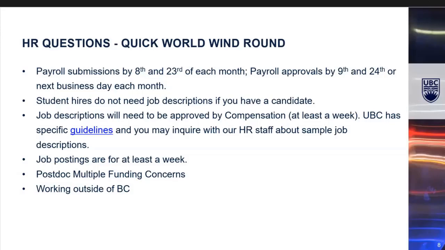Another way is doing a contract, but even that can be questionable if we get audited by CRA. So just be careful. You may want to do a check-in with me, and I may need to check in with Central HR to see if we can do it.